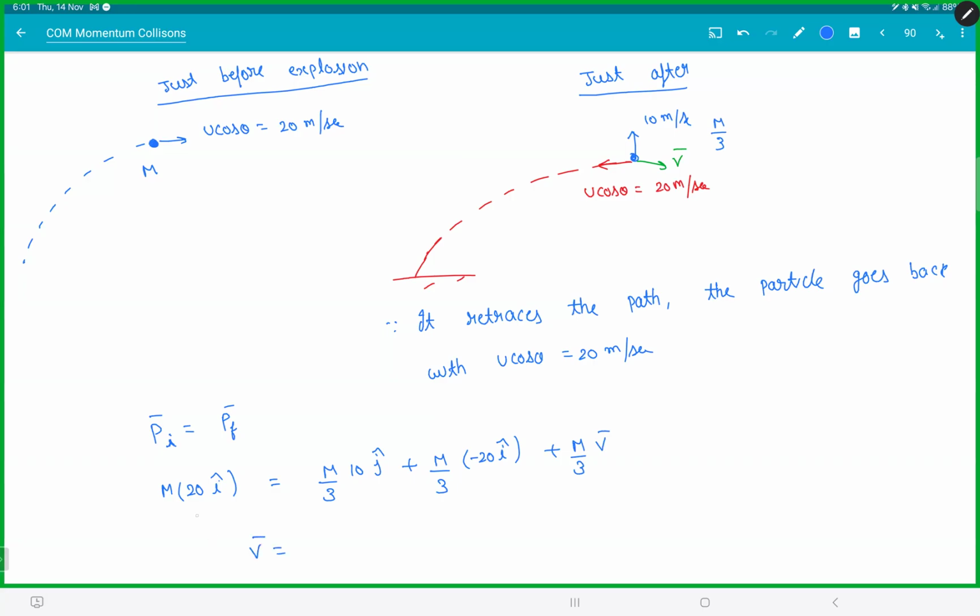So V bar is equal to 60 i plus 20, that will be 80 i, and minus 10 j. Check, that's your velocity, everyone. So this piece is going forward with 80 and going down with 10.